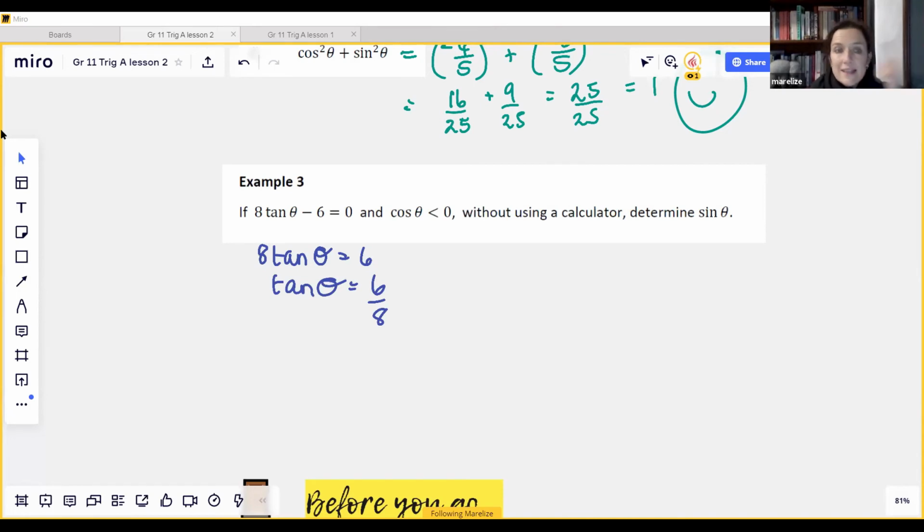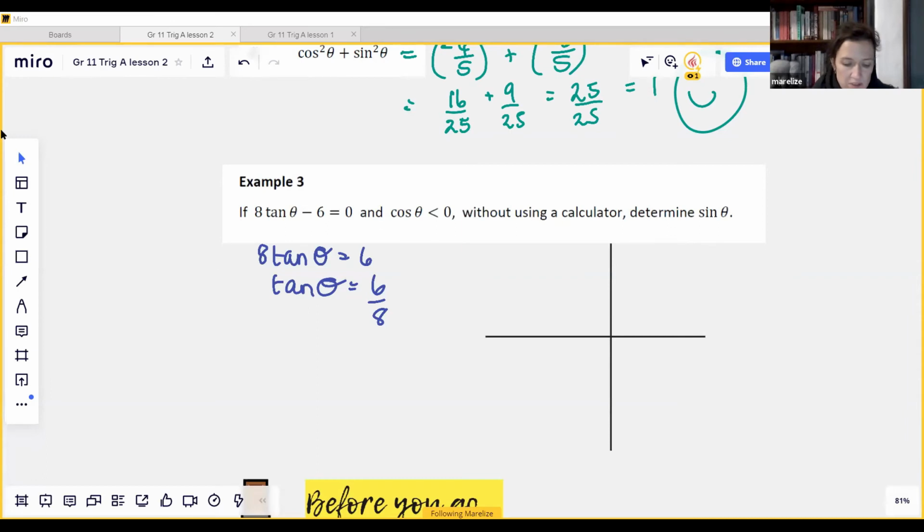Now, what is the next step in my thinking process? I have to decide what quadrant to draw in. So, here's my quadrant. And what we've got here is where tan is positive. In which quadrants? Tan is positive because 6 over 8 is positive, right?